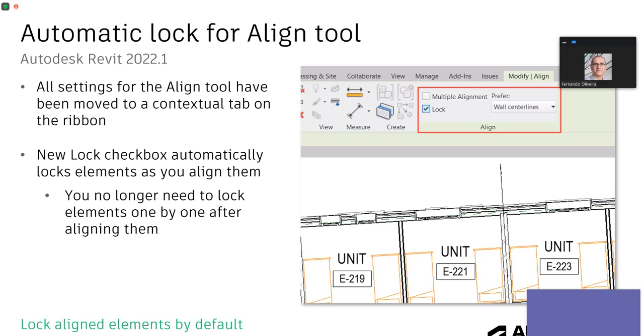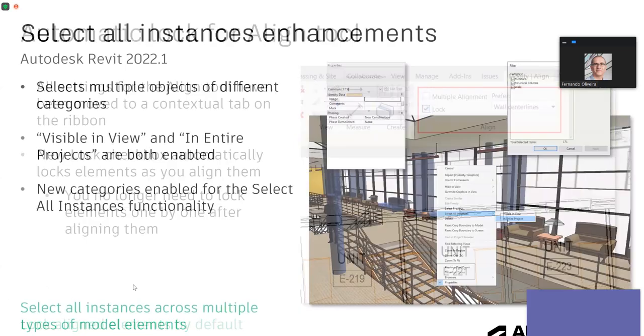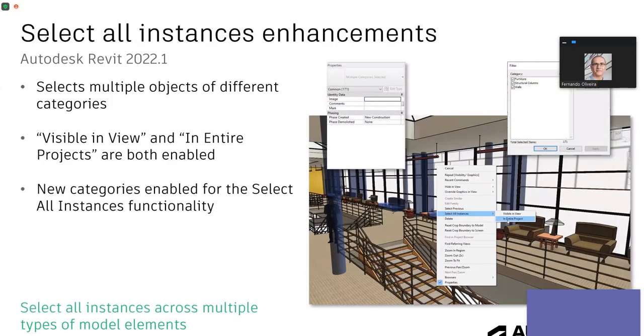As I'm doing this on multiple objects, the system by default can lock them. And this is going to be great, going to reduce minutes of work at the end of the day, for sure. Also very useful, when we are doing select all instances, we used to be able to select all instances of the object we are clicking. Now we can automatically open a dialog box to choose the instances we want to select. Okay, so it gives us a step forward in terms of select all instances.